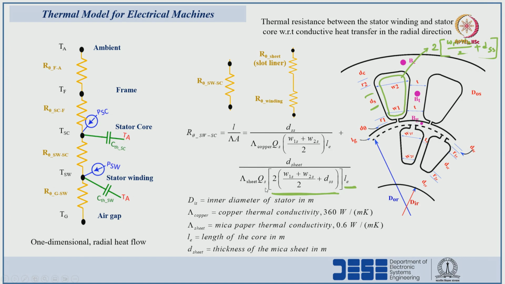If we multiply QS into the area of the insulating sheet placed in a single slot, it gives the total area, then the addition of the thermal resistance of the winding and the insulating sheet gives the total thermal resistance from stator winding to stator core.